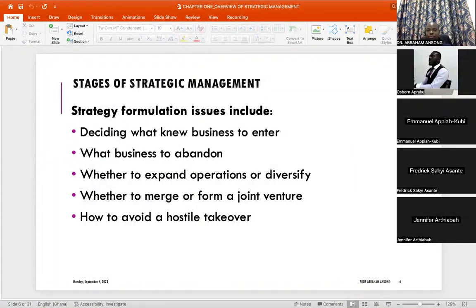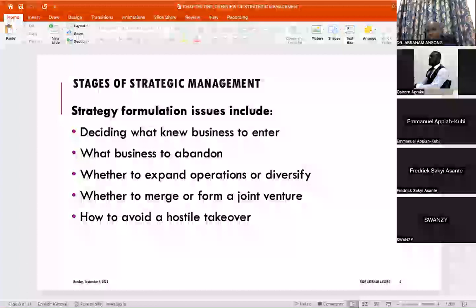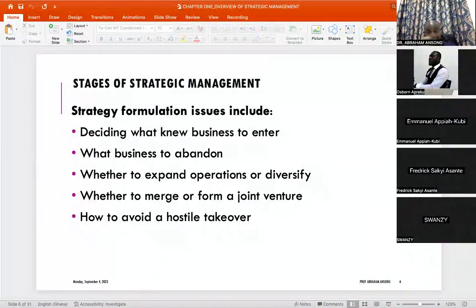The next point is closely related to that. What businesses to abandon? So strategy is not all about entering into new businesses. Sometimes strategy involves you quitting or leaving certain businesses. All right. You might have done the analysis and you have a group of businesses, right? You may realize that one company is actually derailing in terms of your profits.